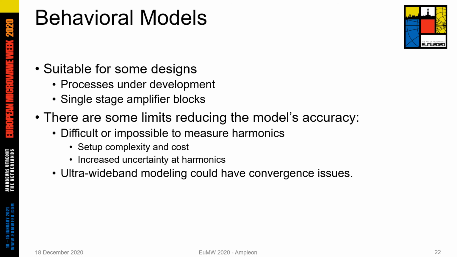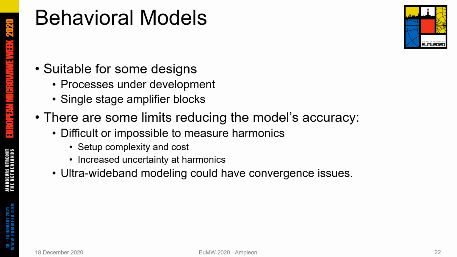I want to also say some words about the behavioral model. A behavioral model is suitable for some designs, like processes that are not mature and are under development, or single-stage amplifier blocks. But there are some limitations in terms of accuracy. It's very difficult, almost impossible, to measure harmonics at millimeter wave, since the harmonics fall at really high frequency, sometimes sub-millimeter wave.